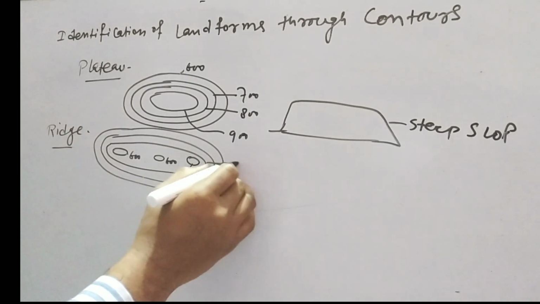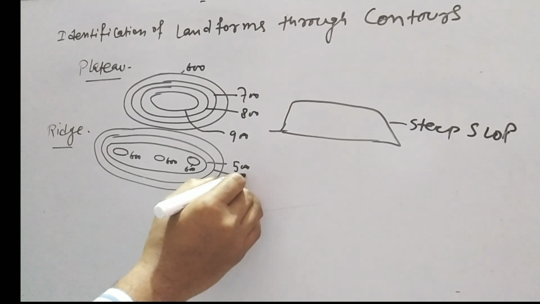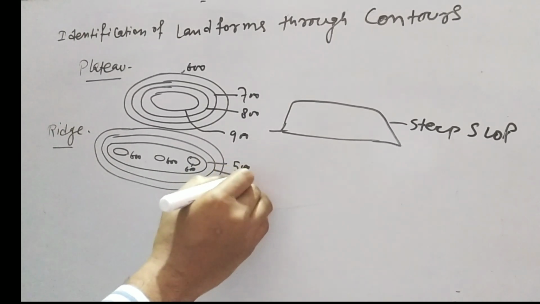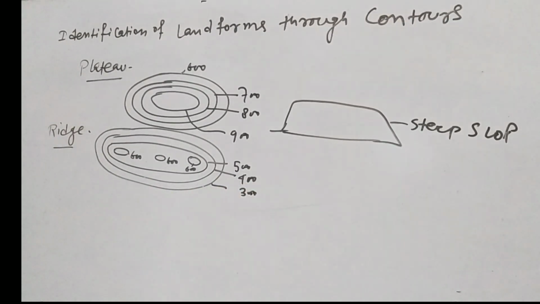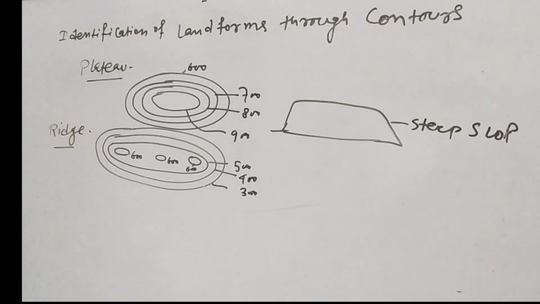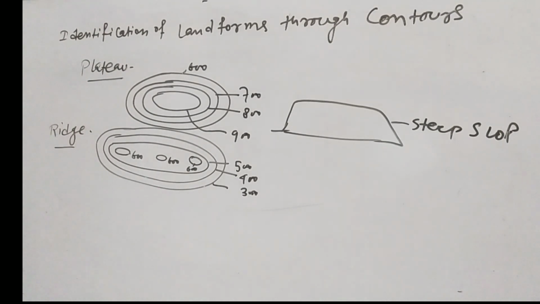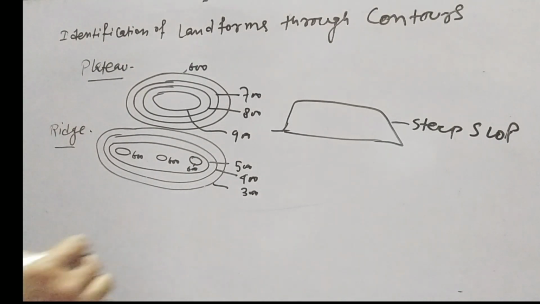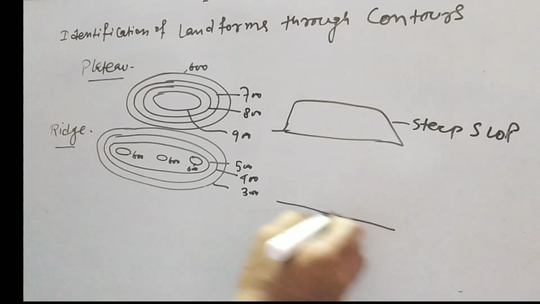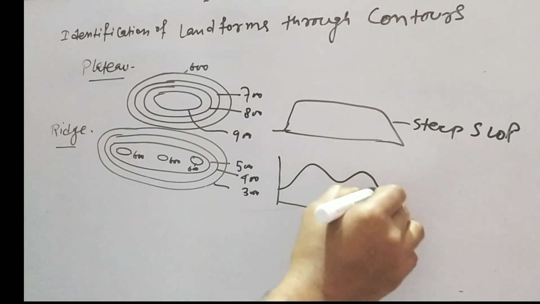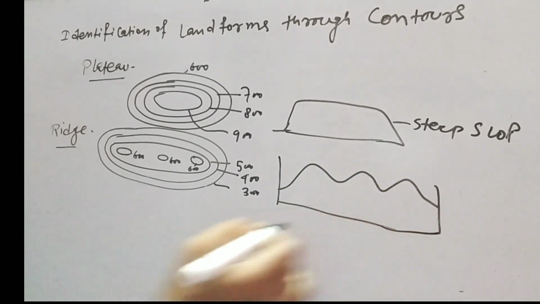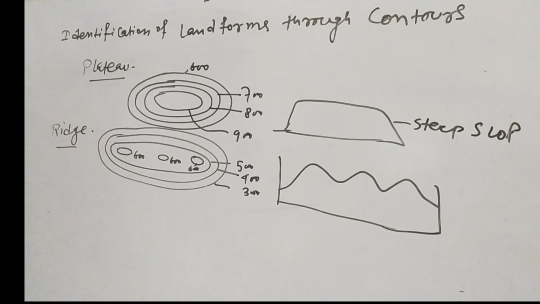Then this one 500 meter, and this one 400 meter and 300 meter. Okay. Now the structure is like this.